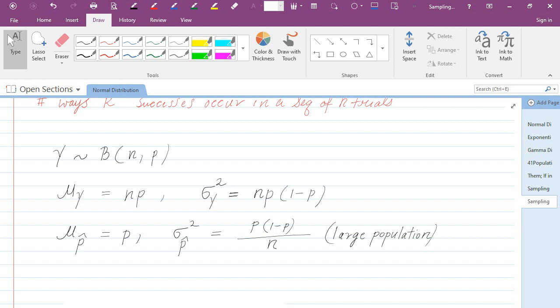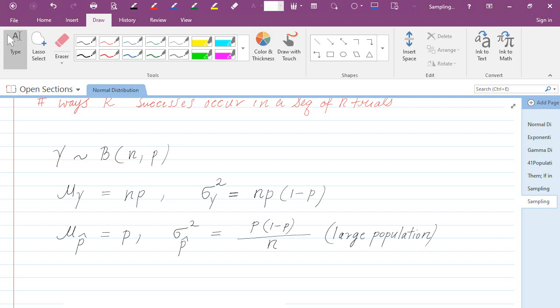And p is the population proportion, or the probability of getting a success, and n is the number of trials, and Y is the number of successes from a sample of size n, or you can say Y is the number of successes from n trials.